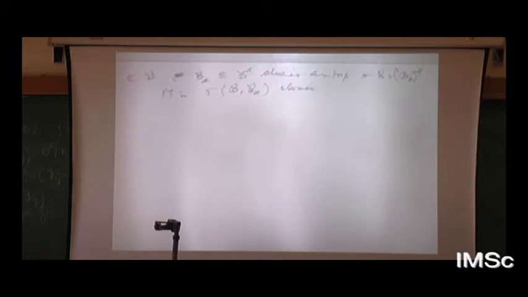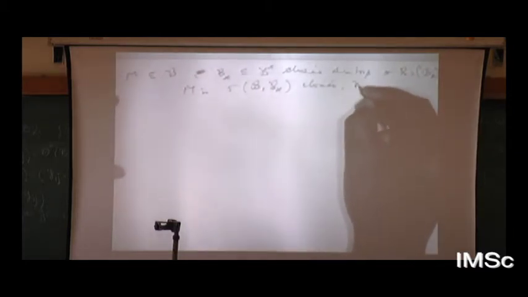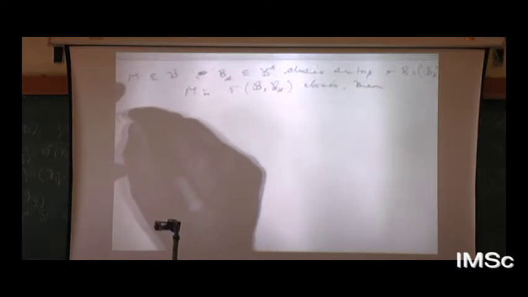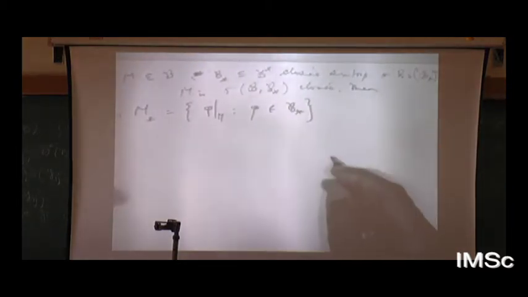So the lemma says the following things. Then if you write M lower star equal to the set of all phi restricted to M, where phi is in B lower star, this is clearly something which is contained in M upper star.